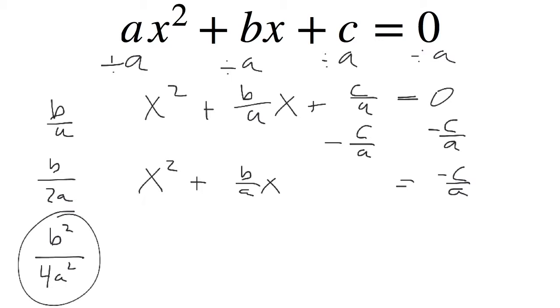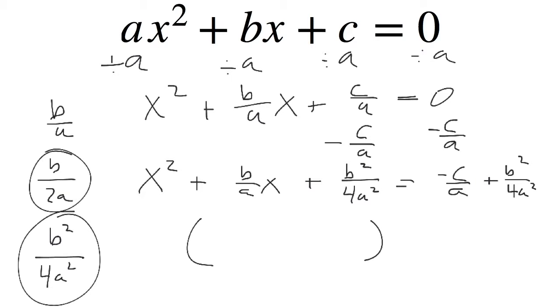So this b squared over 4a squared is what we're going to add to both sides. And then the b over 2a is going to be what we have inside the parentheses.